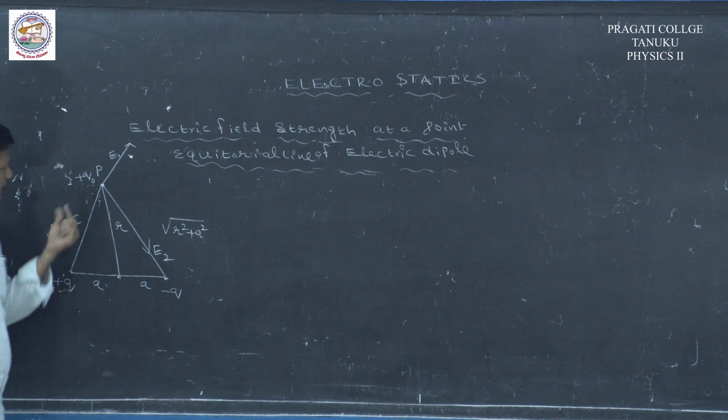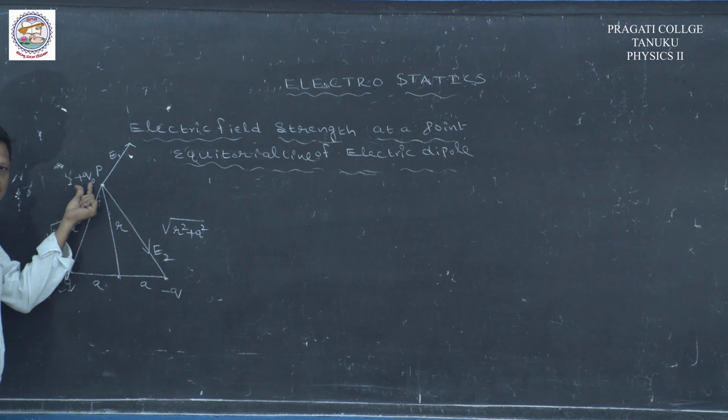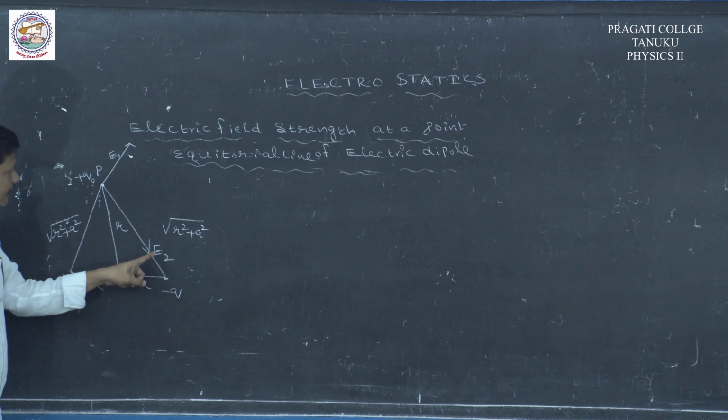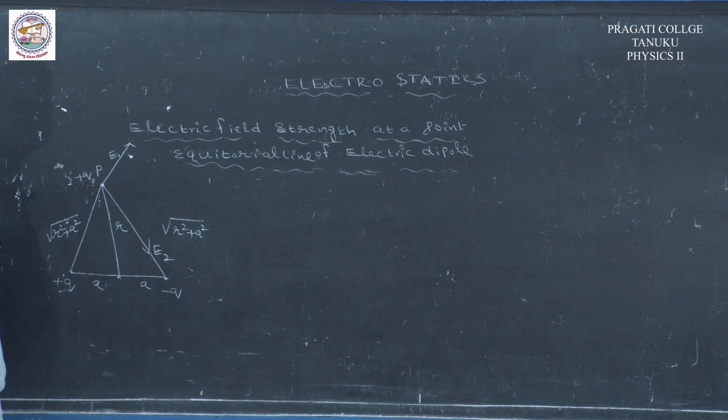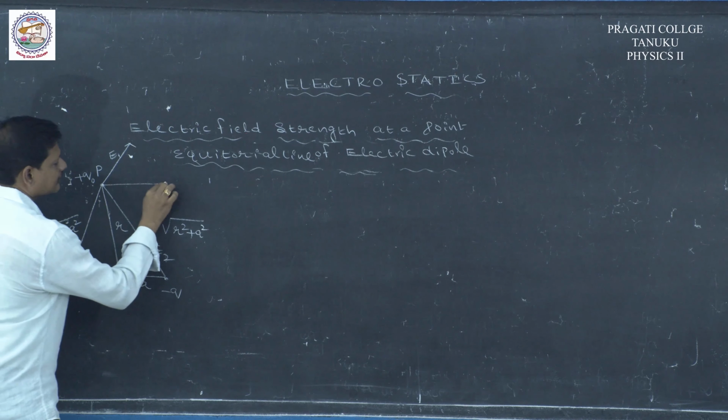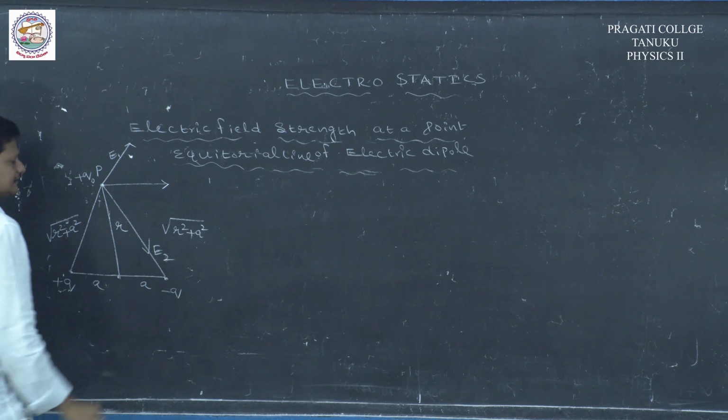So, the test charge Q naught experiences two electric fields, E1 and E2, which are inclined to each other. The resultant electric field is in the direction shown.